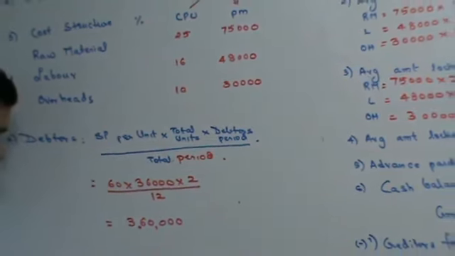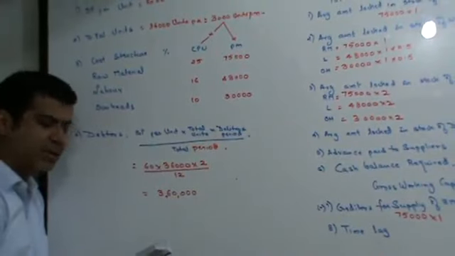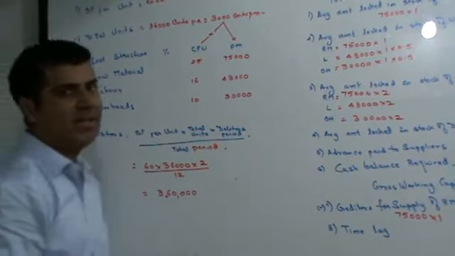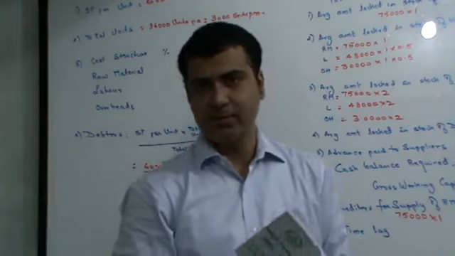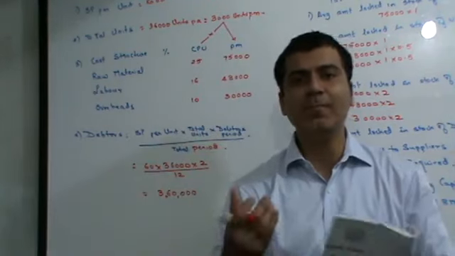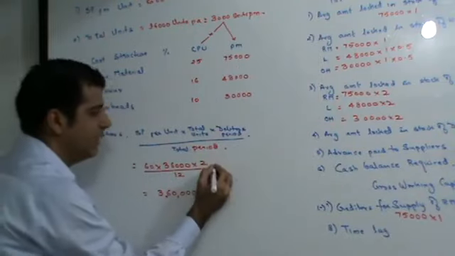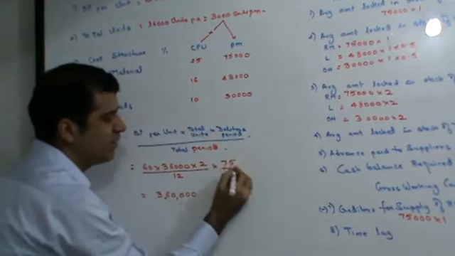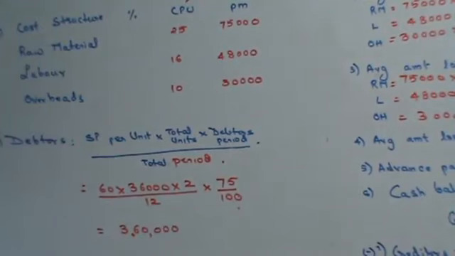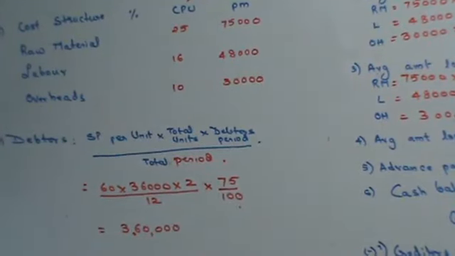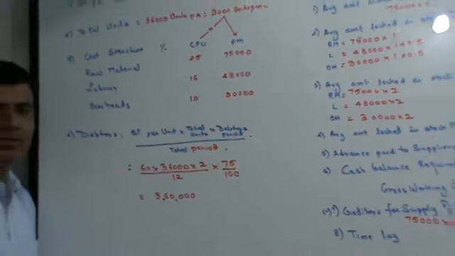Now the next adjustment says that 25% of the sales are for cash. Now guys, I am selling to the debtors, right? Out of which they have paid me 25% immediately. That means my debtors are going to be 75%. So whenever there is a cash sales, whatever remains after the cash is paid will be your credit sales or debtors.